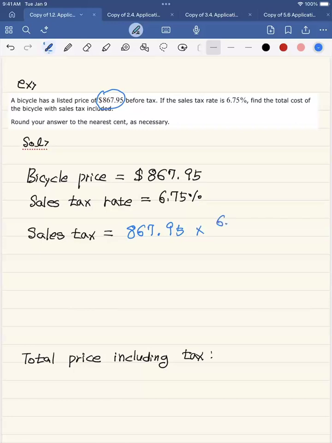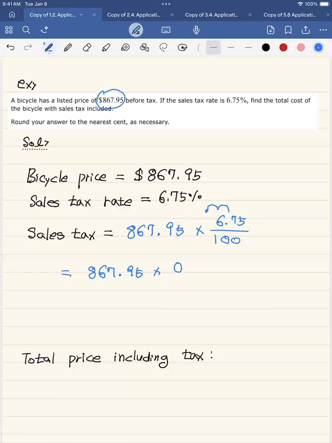6.75% is out of 100. So after we convert that to the decimal expression, we have to move the decimal point 2 positions.